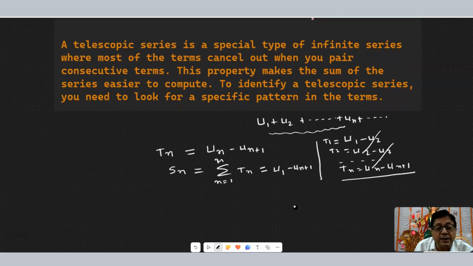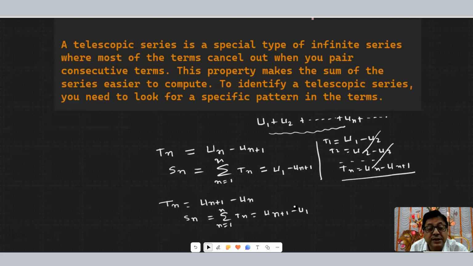But you can say, what is the problem if you write Tn in this form, un plus 1 minus un? In that case, there is no difference. Sn, sigma Tn with n equal to 1 to n, will give you just un plus 1 minus u1. We will use this result directly to find the sum of a telescoping series.